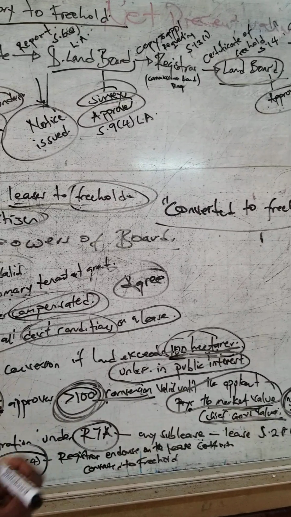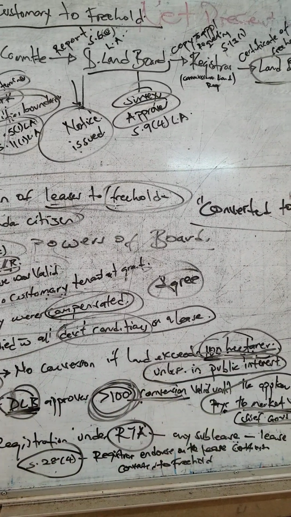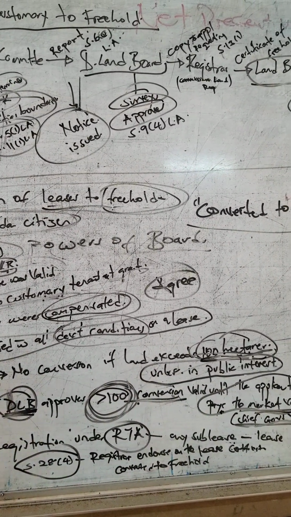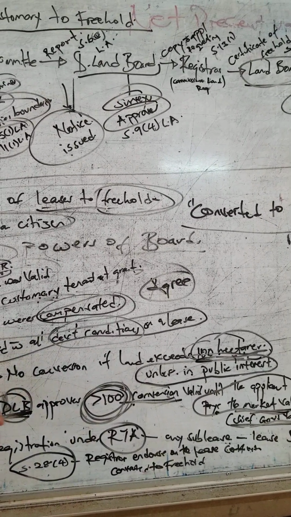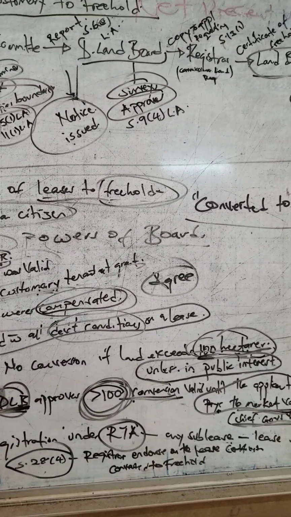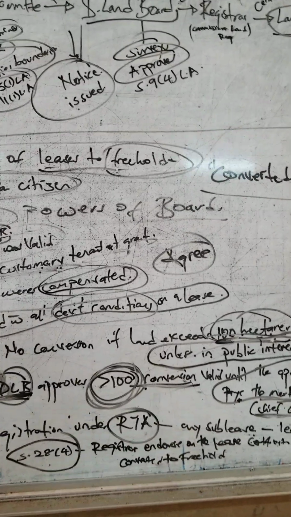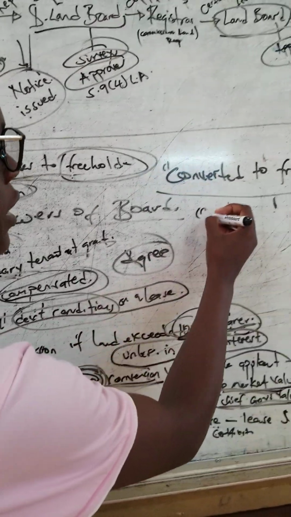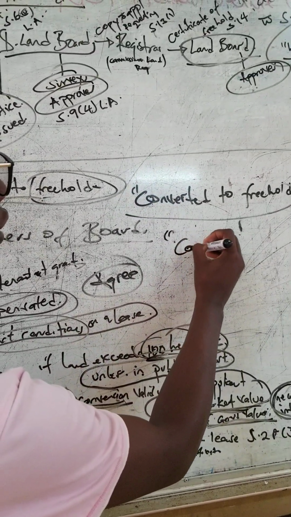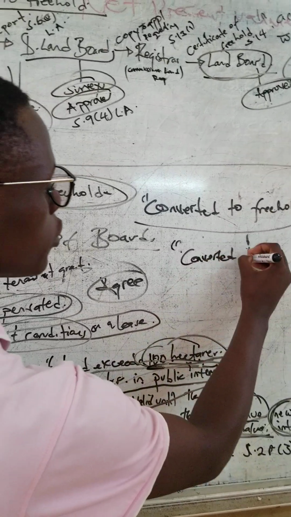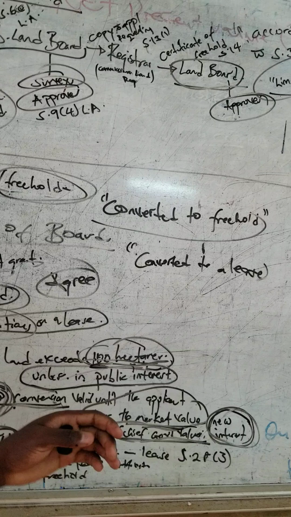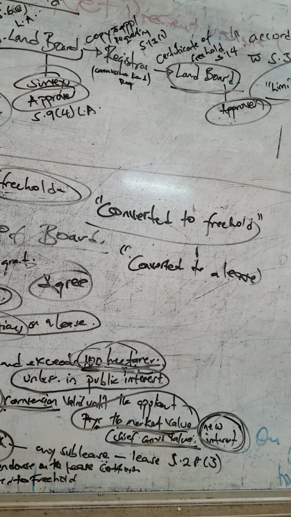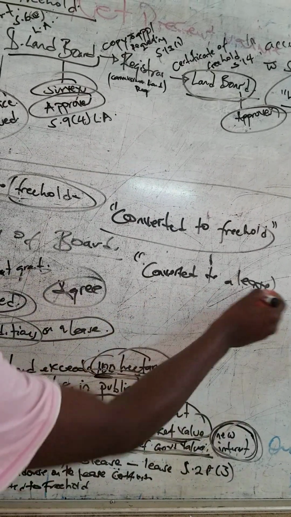And when you continue still under section 28, where a sublease automatically turns into what? A lease. And it puts the words "converted to a lease". If that land had a sublease, that sublease turns into a lease.